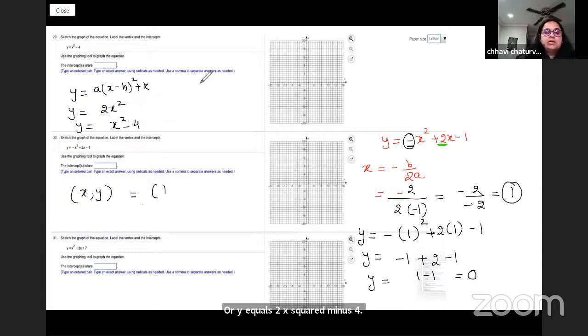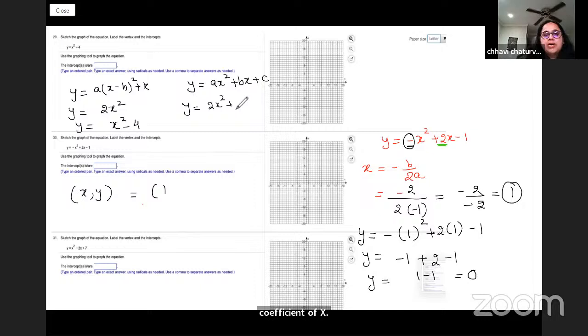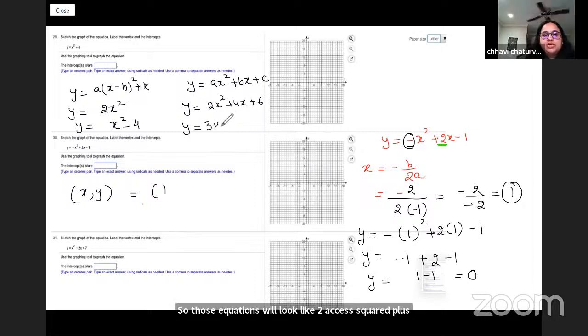You will see that the b component would be missing. But if you have the standard form, you will see a b component there, the coefficient of x. So those equations will look like 2x squared plus 4x plus 6, or y equals 3x squared minus 2x minus 4, something like that.